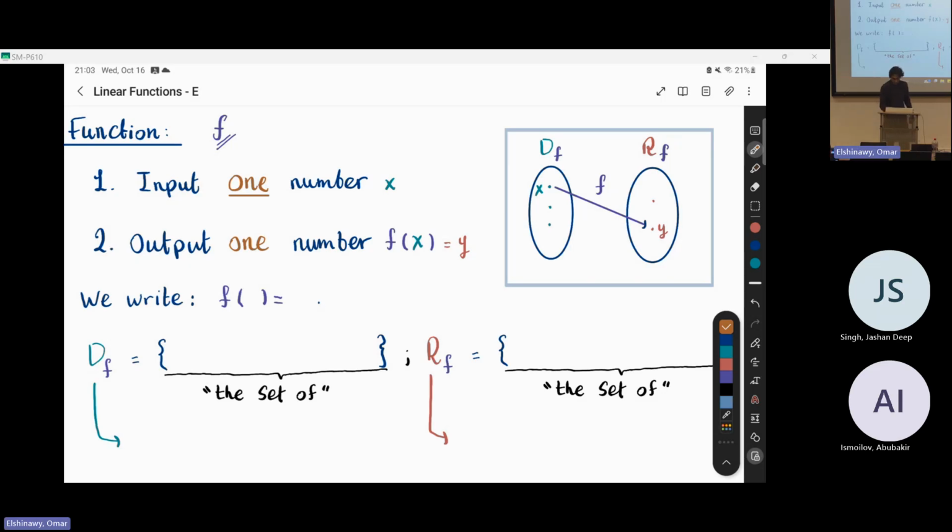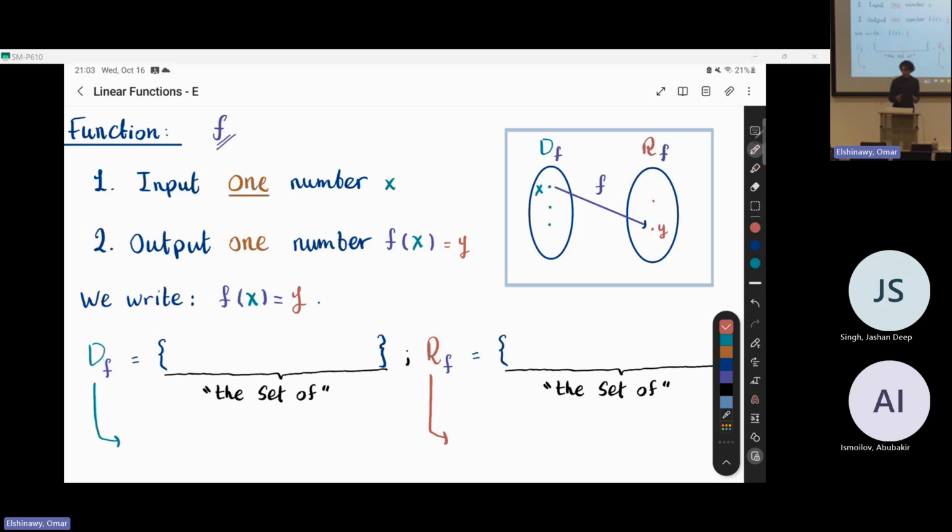So you can imagine a set that has all the points with which we can plug in, and a set which has all the points which we can get out of this function. And I have some letters for them here. Before that, how does a function work? Well, you plug in x, you get y.